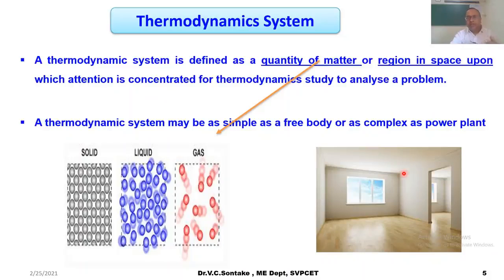So we have to analyze what the different heat transfers into or out of the room are, and what the heat generation within the room is. All these factors related to the energy conversion processes we have to take into consideration. So this room can also be a thermodynamic system, and it is a region in space.